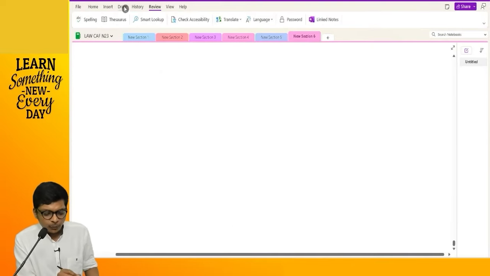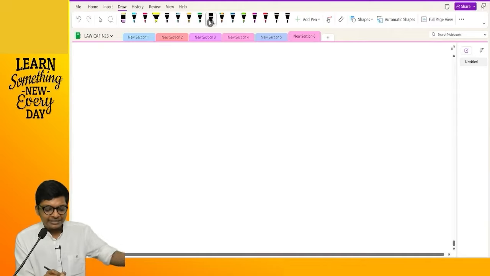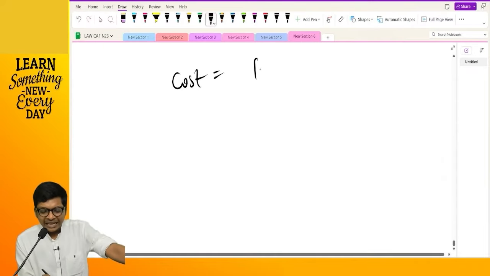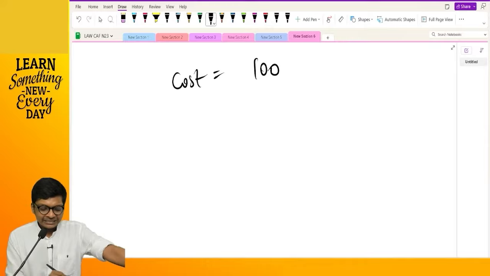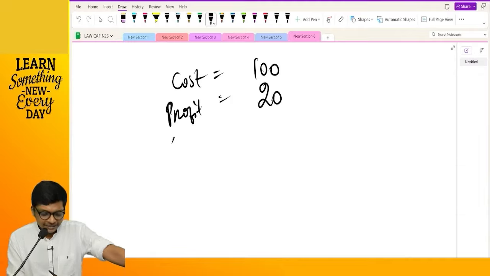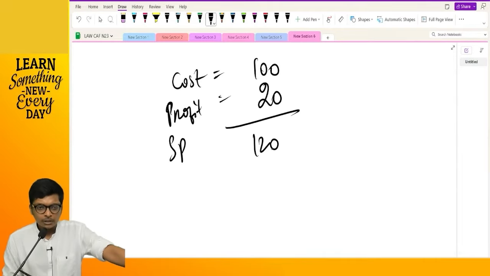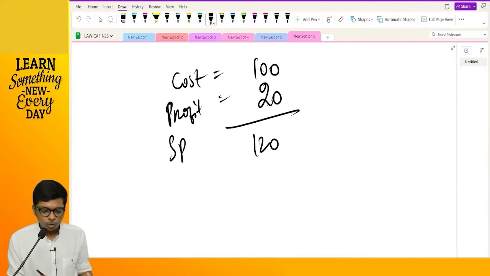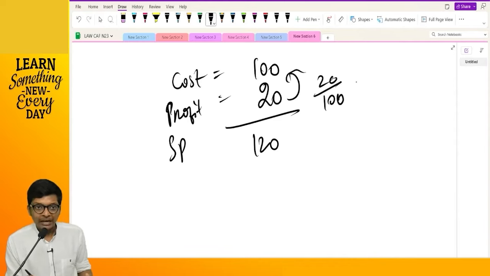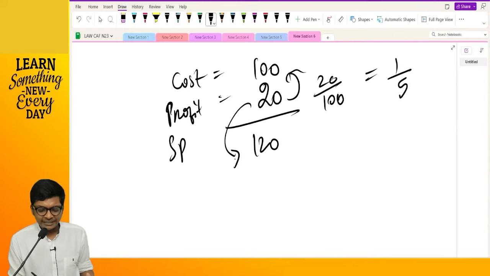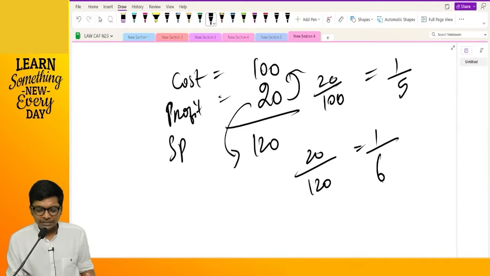Sir, take an easy example for me to understand. Let's say cost is 100 and profit is 20% on cost. So profit is 20, therefore my selling price will be 120. Let me do it in easy numbers. Profit on cost is 20 by 100, which is 1 by 5. Profit on selling price is 20 by 120, which is 1 by 6.